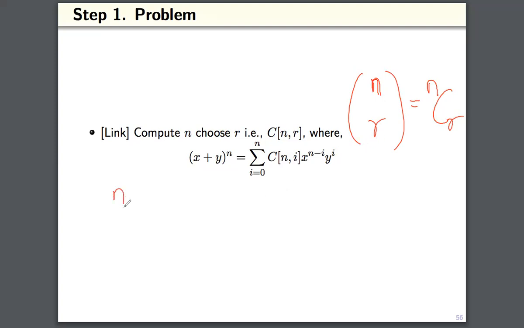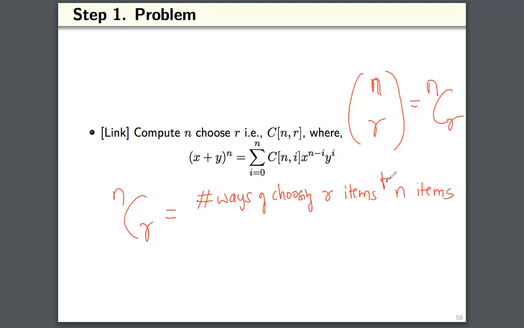What do you mean by N choose R? The total number of ways of choosing R items from a set of N items.